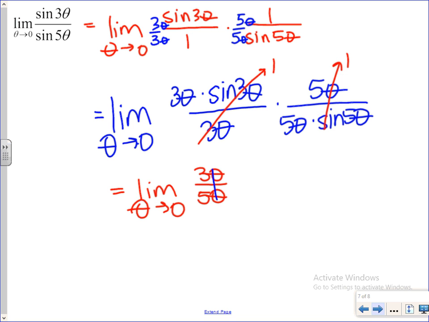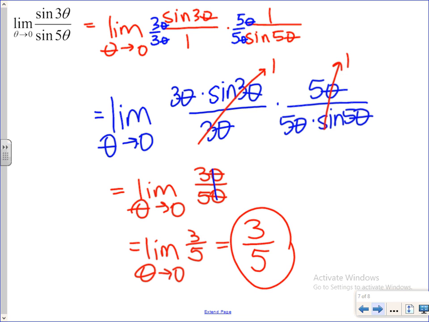Can we cancel those out? Okay. So we're left with the limit as theta approaches 0 of 3/5, and we know that the limit of a constant is going to be that constant.